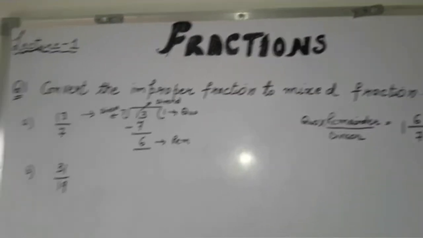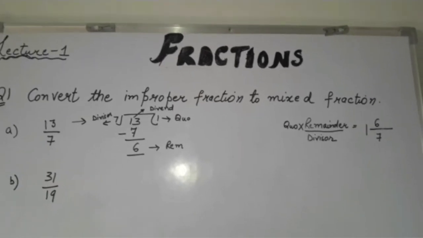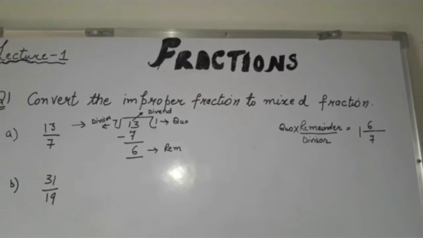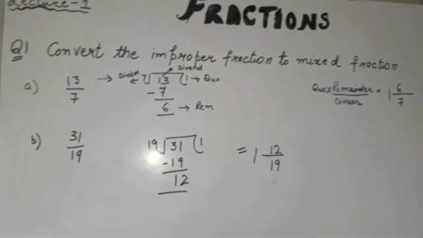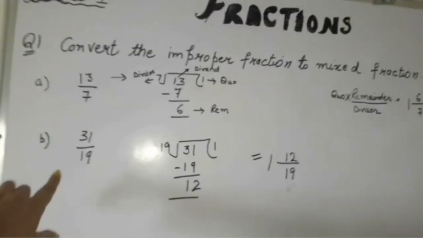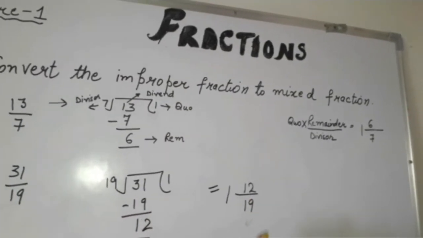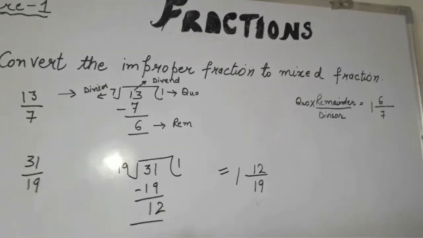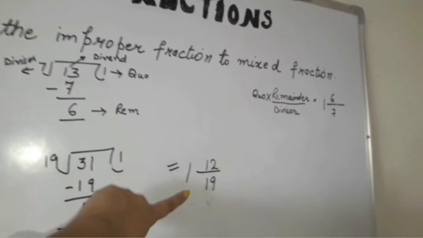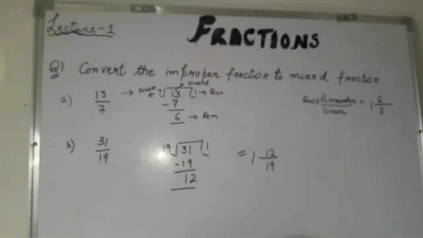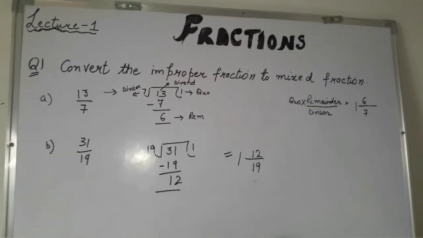Now let us do another example, that is 31 upon 19. Now what you will do? Yes, you will divide 31 by 19. So on dividing you will get the same denominator, that is 19, you will write at the denominator and the remainder on the numerator and your quotient in front of the fraction. In this way you can convert your improper fraction to the mixed fraction.